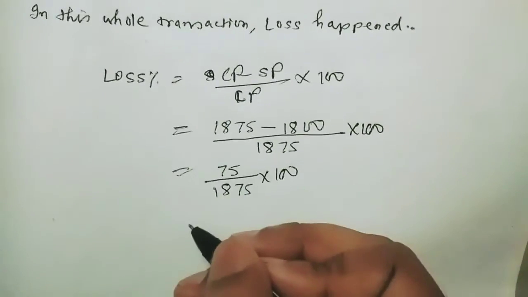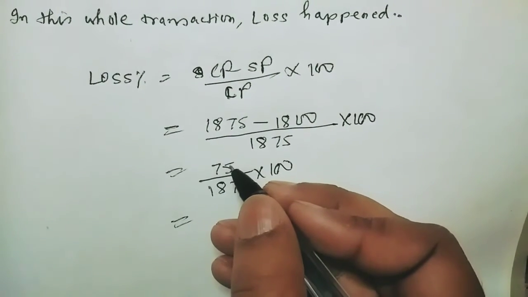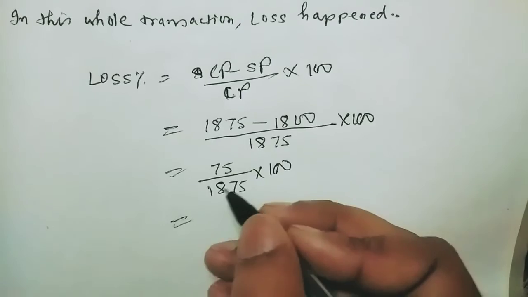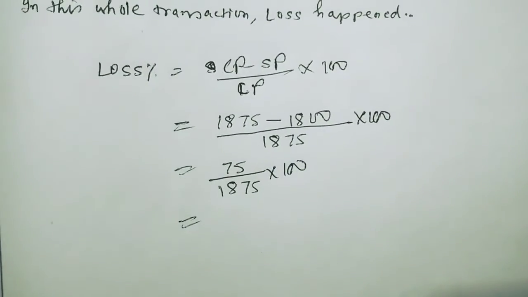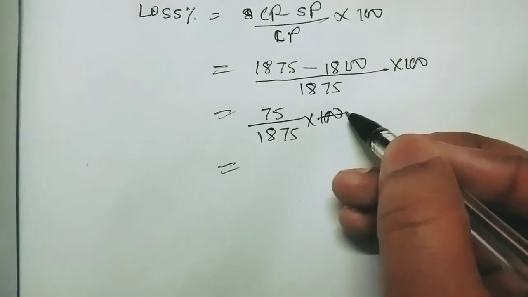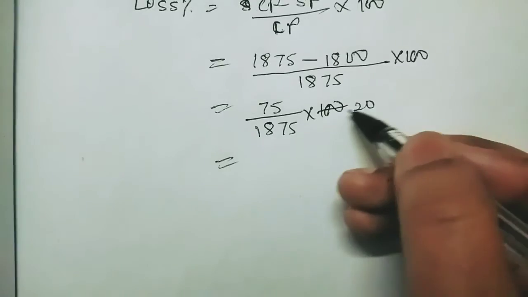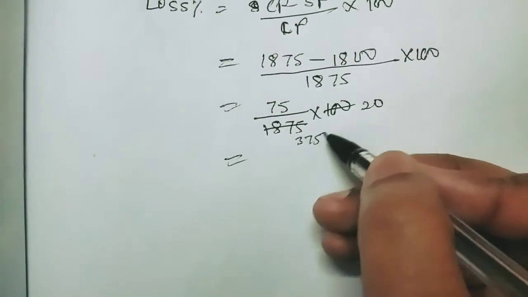into 100. Okay. So when you multiply this and do the cutting process, what is coming? 75 and 1875. When you cut this by 5, what is coming? 20, and 5 into 375. Okay.